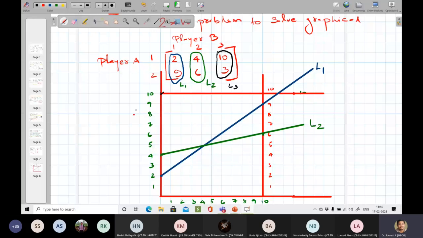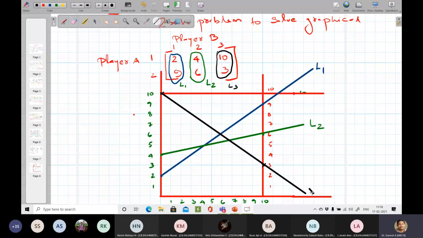I will join those two with a straight line. That is L3. So we can see all the lines are now crossing each other.